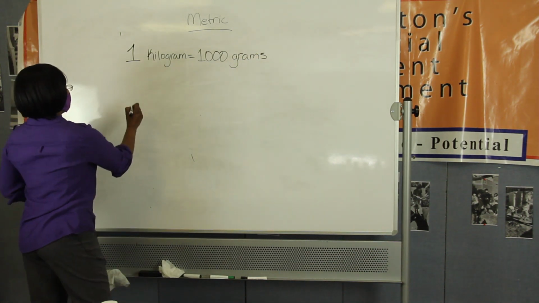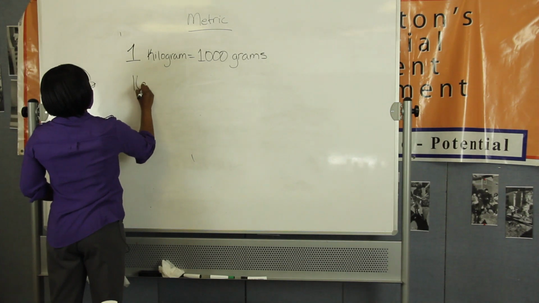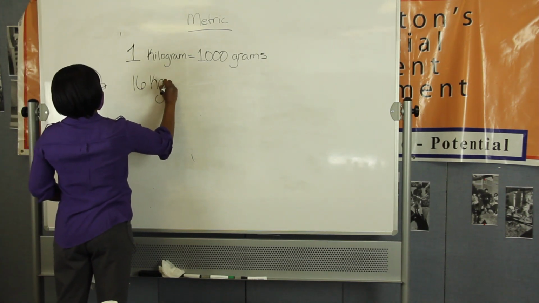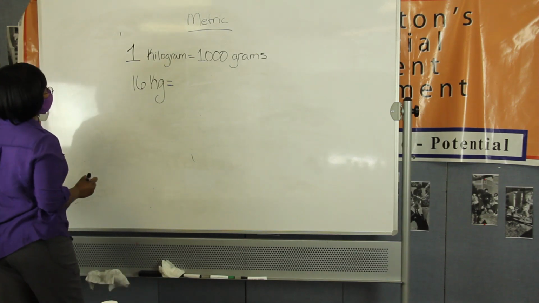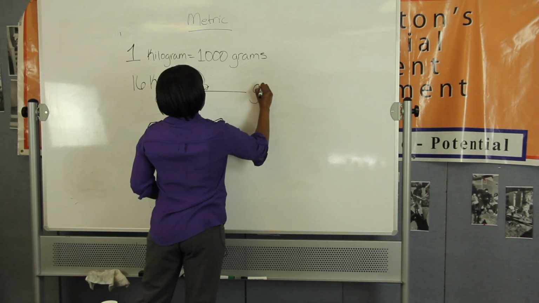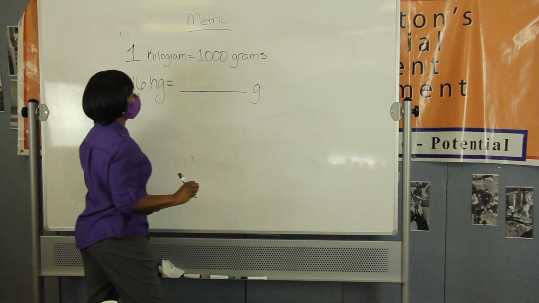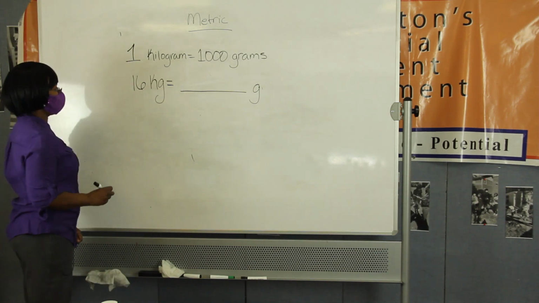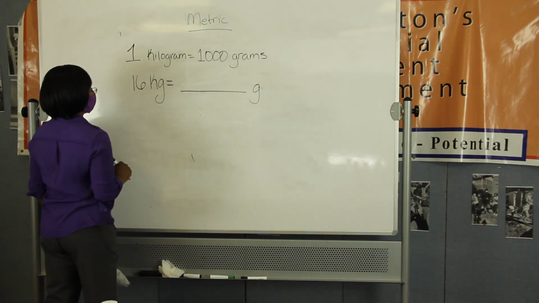So if we have an object that equals 16 kilograms, how many grams? I'm going to put G for short because that's how you would abbreviate grams. How many grams would you have?